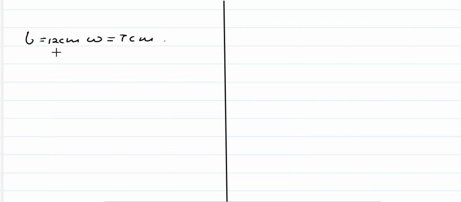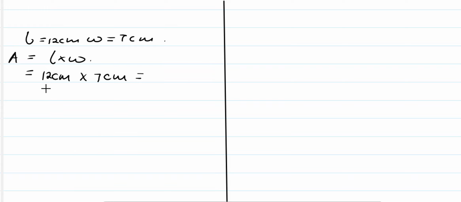Then from there, you know the area of a rectangle is given by length multiplied by width. So it will be 12 centimeters, for the length, multiplied by width, which is 7 centimeters.